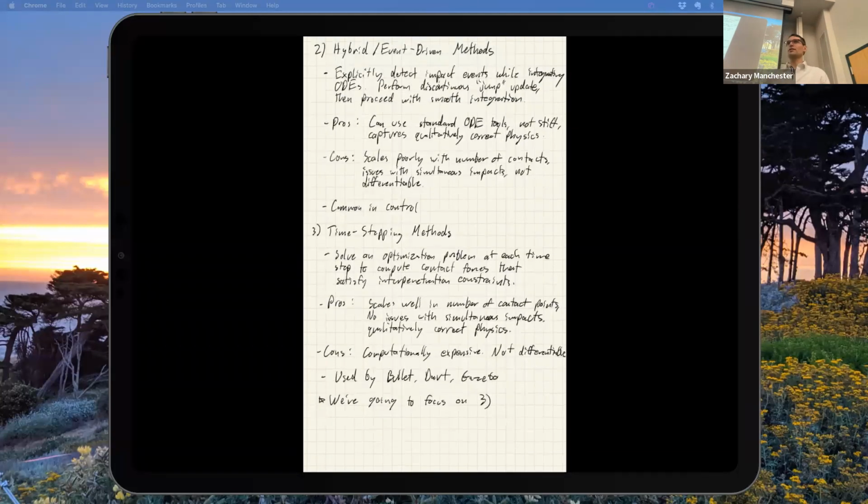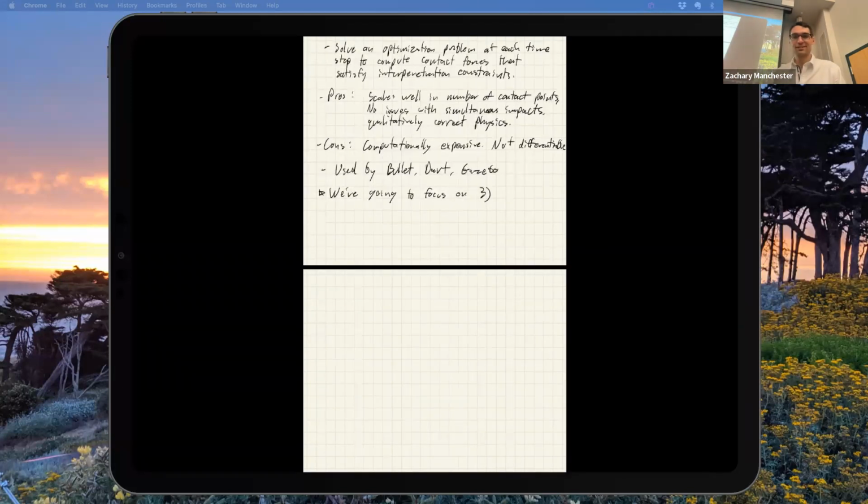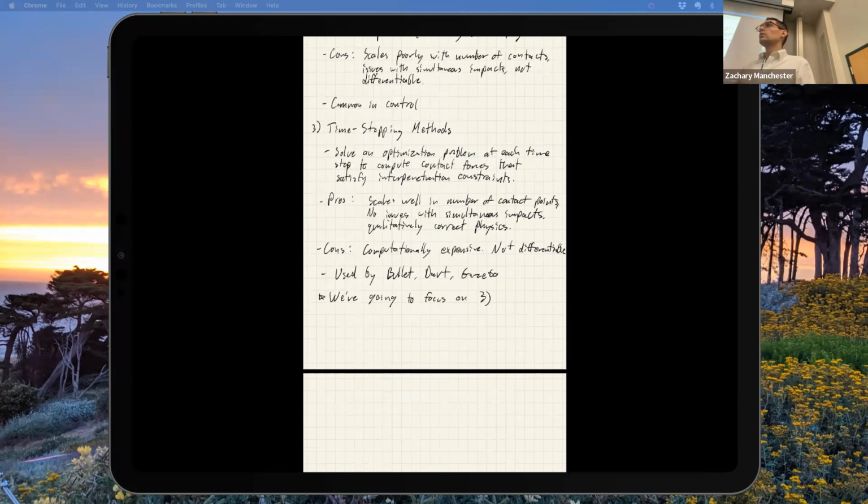Cool. Questions about any of that stuff? The quick tour of all the things. Yeah, so technically Gazebo calls other libraries to do its physics.